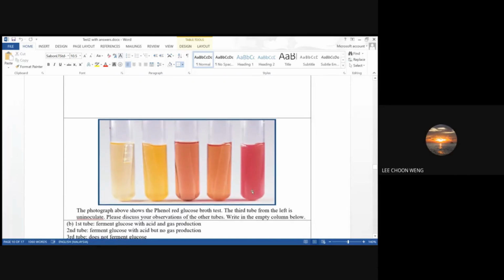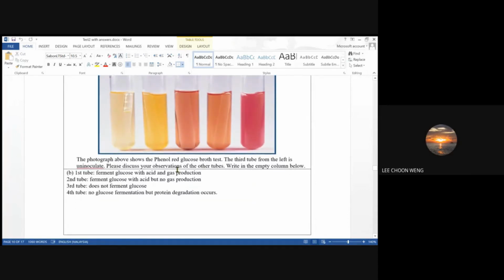Okay, this is similar. So this is the one that I usually use, Phenol Red Glucose broth. However, usually when I do this, I'll do it in a pair, one with oil, one without oil. So here, the Phenol Red glucose broth test.